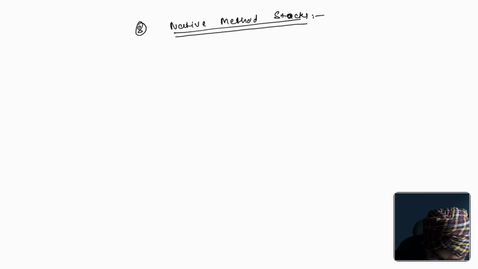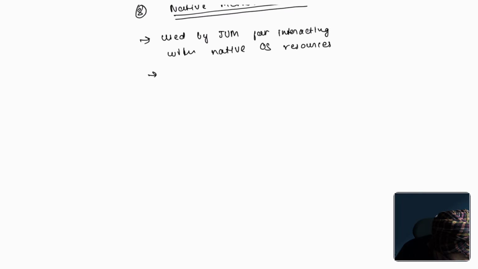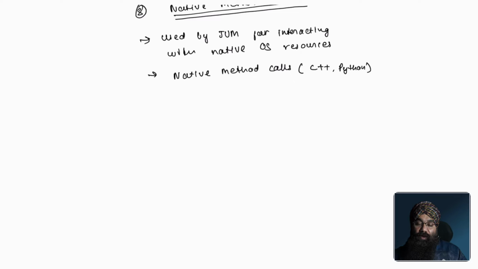This part of the memory is used by the JVM for interacting with native operating system resources, and it also contains information about native method calls. For example, we can execute C++ and Python code in Java using the native API. So this is where that information is stored.